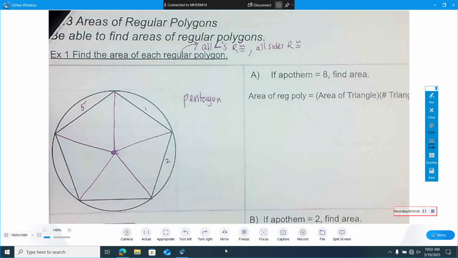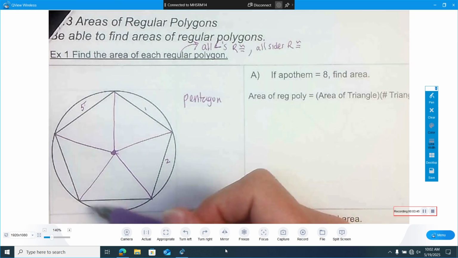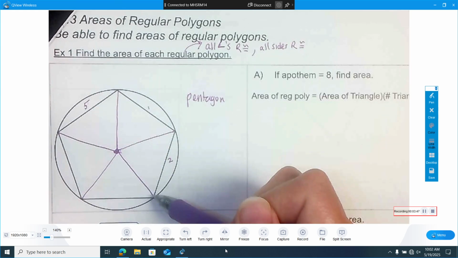I do see a lot of triangles. Yeah, so how do you think we might be able to figure out the area of that pentagon then, knowing that we have a bunch of triangles? So do you think that maybe I can figure out the area of one triangle? Okay. And then times it by 5.